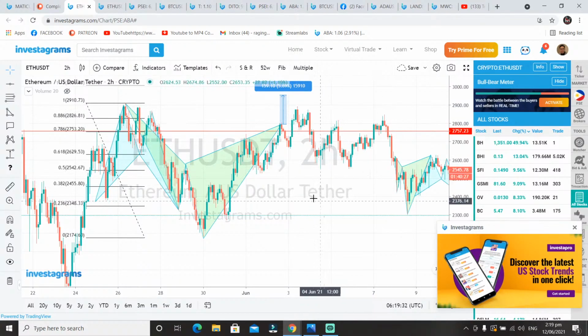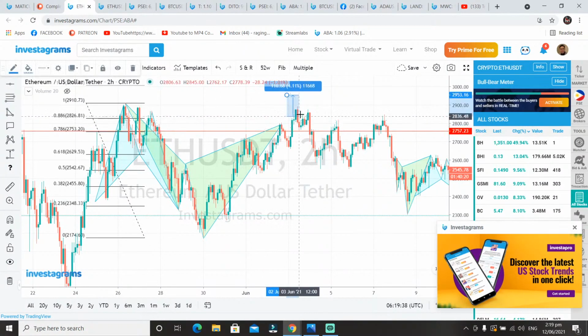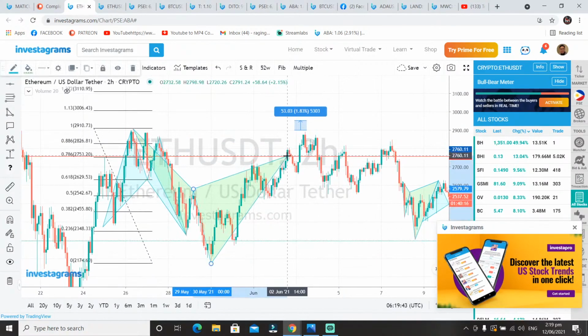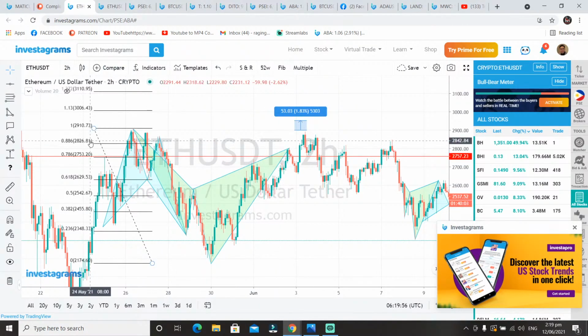So let's try to make a continuation. For example, since your pattern already ended here, you could have put it here, but as I've said, the limit of our pattern is here. But we can extend it a little bit, just for demonstration purposes.